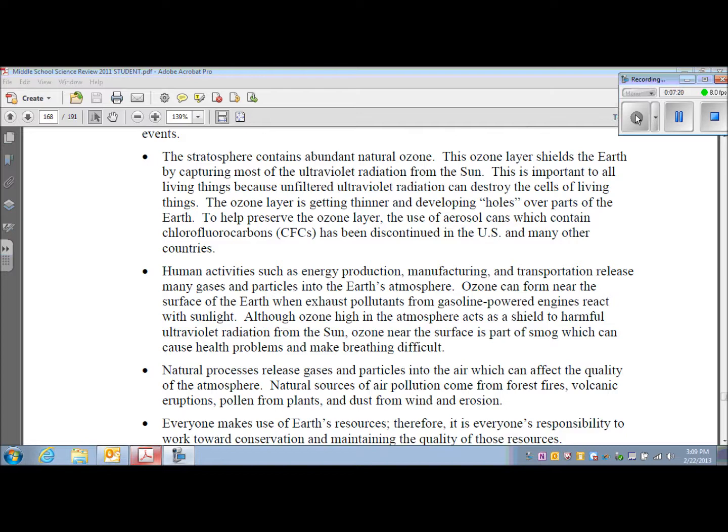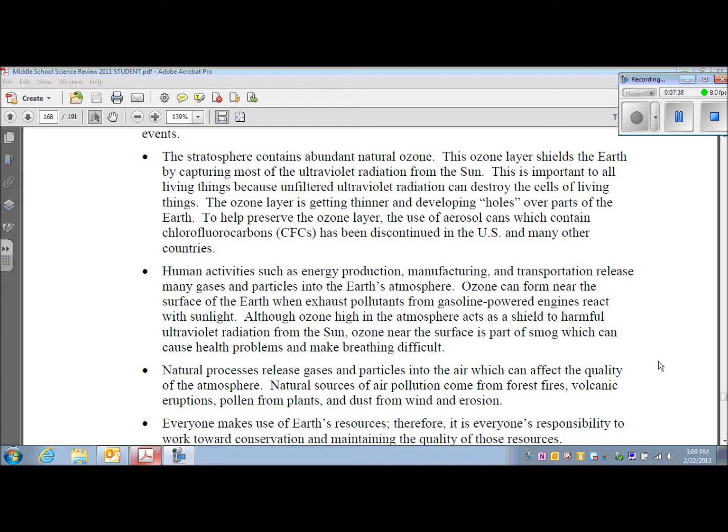Human activities such as energy production, manufacturing, and transportation release many gases and particles into the Earth's atmosphere. Ozone can form near the surface of the Earth when exhaust pollutants from gasoline-powered engines react with sunlight.